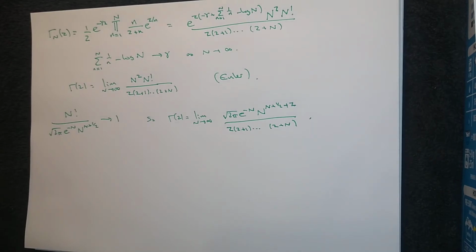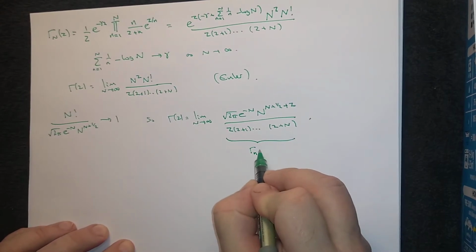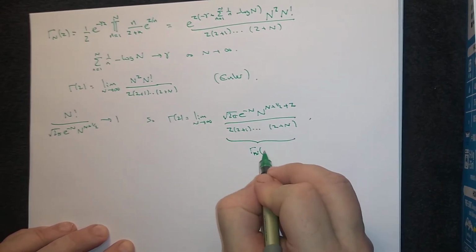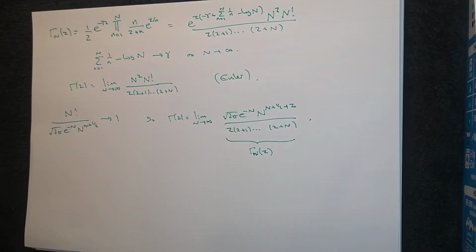And that's what we'll be using. So define that thing to be gamma subscript n of z now. I've used the same notation here, but from now on that's gamma n.